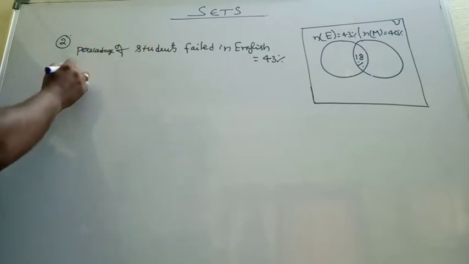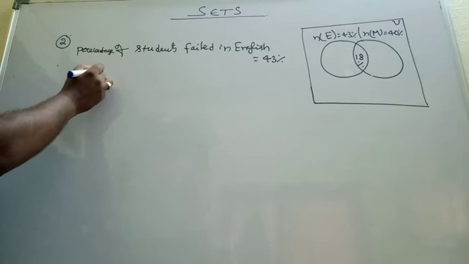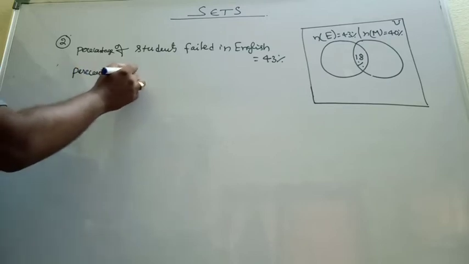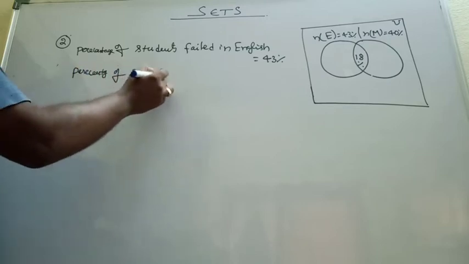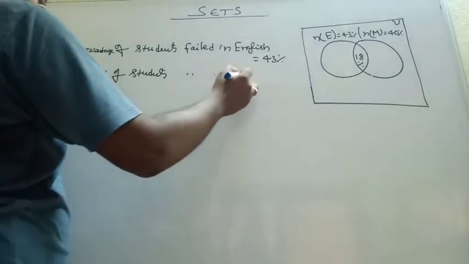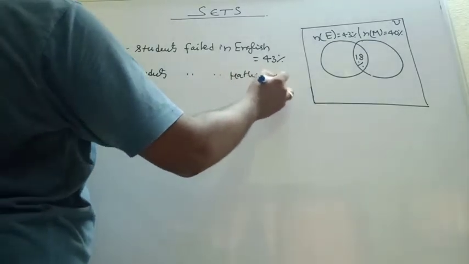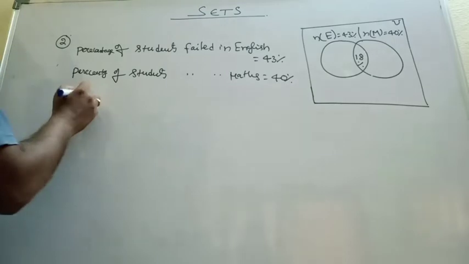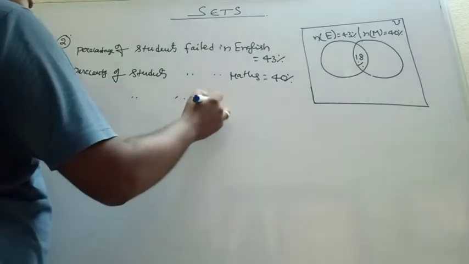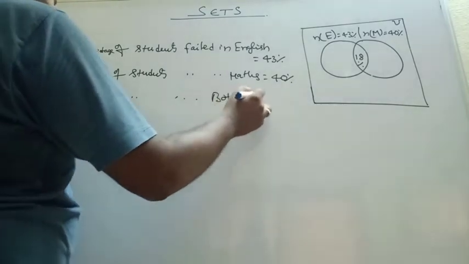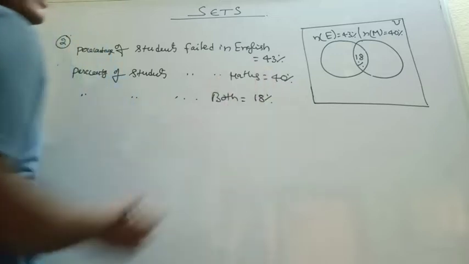Next, the percentage of students failed in maths, that gives you 40%. Now the percentage of students failed in both, that gives you 18%. Wonderful.